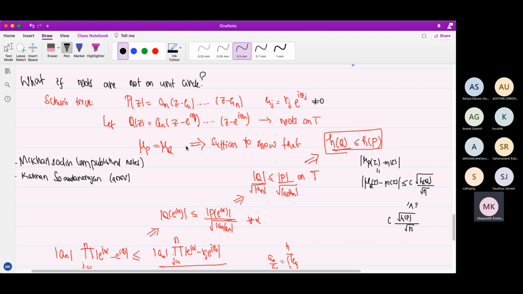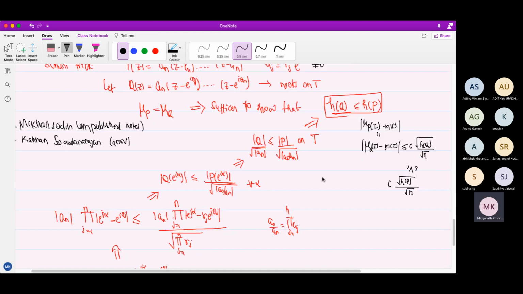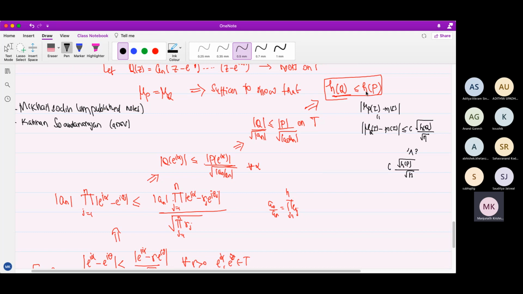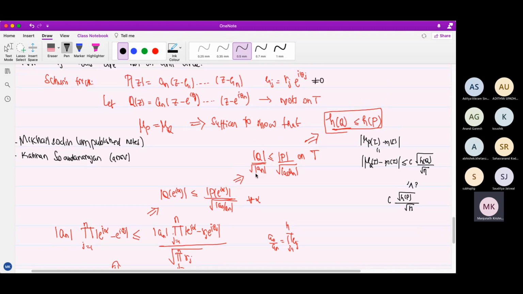Now, once you set yourself the task to prove h of Q less than h of P, that is easily implied if Q is less than P on the unit circle. Well, not exactly P, because there is an a naught by an. Sorry, I made a mistake.